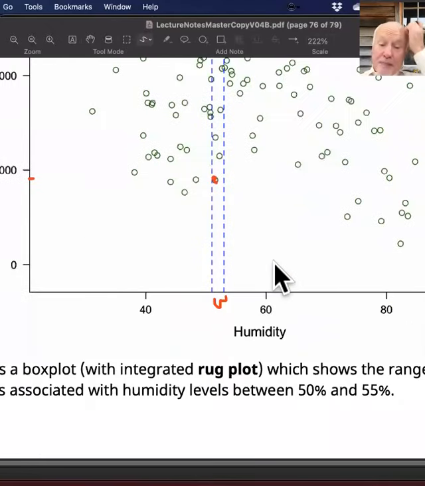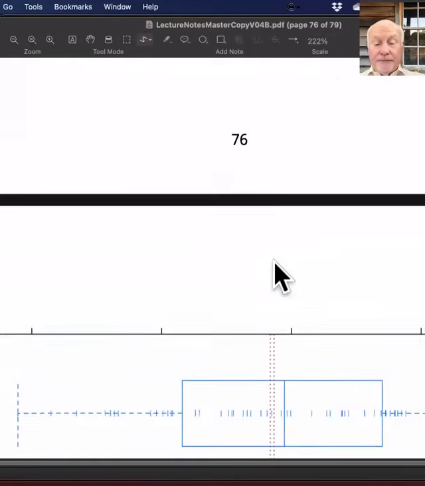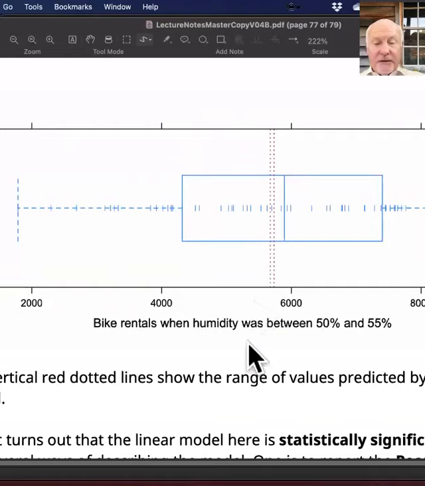Okay. So this now is a box plot that shows you the bike rentals for all the days between 50 and 55%, and I've put little vertical lines on the box plot to show the actual data points.